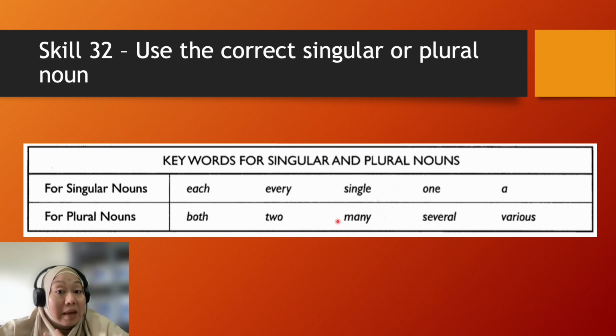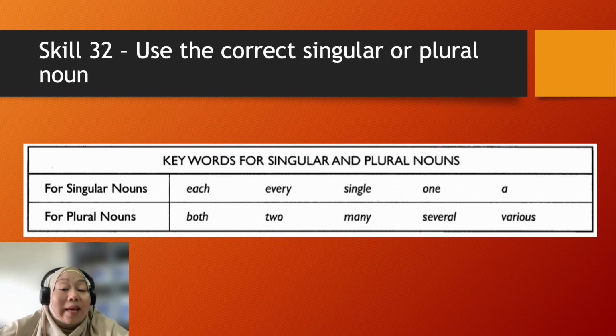Here, many tables, many chairs, several tables, several chairs, and various movies or various genres, things like that. Okay, so when you remember the keywords for singular and plural nouns, it will be easy for you to identify whether the noun in a phrase should be a singular or plural noun.